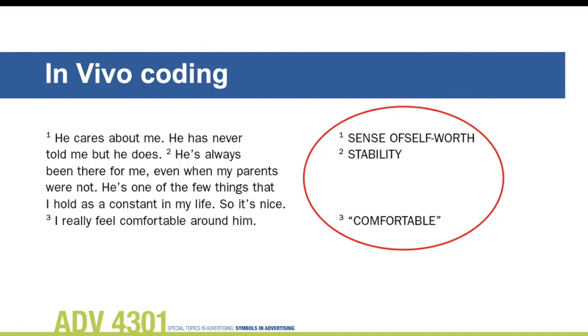This one has several different meanings. They're talking about sense of self-worth, that someone is actually paying attention to them, and stability because they're always there, and then comfortable because, well, they say they're comfortable. Sometimes you have to use the interviewee's actual words to make meaning of a particular passage.